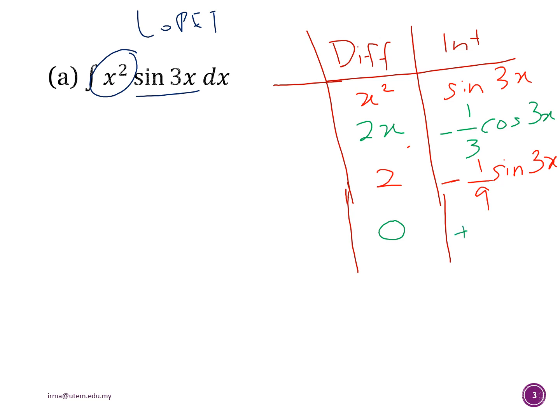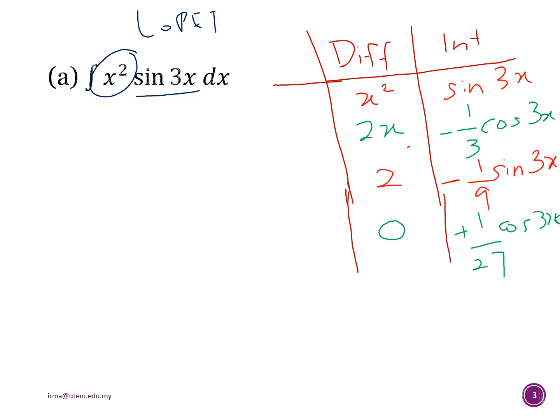Sine becomes cos 3x, and you will have 1 over 27. If you proceed, you will get the same answer because differentiating 0 gives 0.